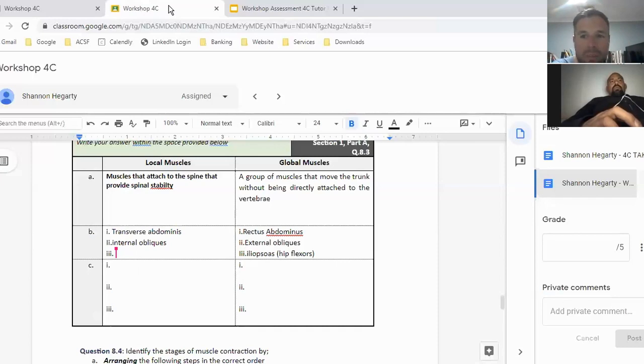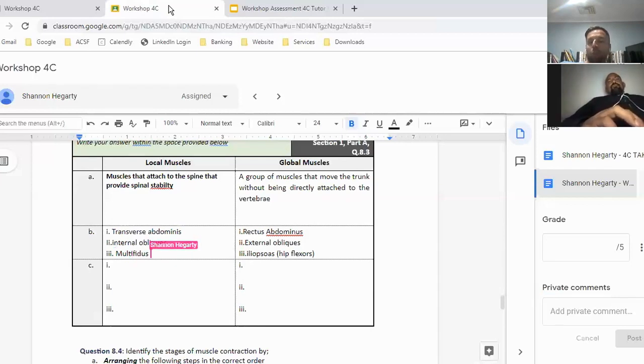Start with an M. They're the deepest postural muscles in the spine. What is it? The multiv? Yeah, you're 90% there. Multifidus. Excellent. Really good, mate.